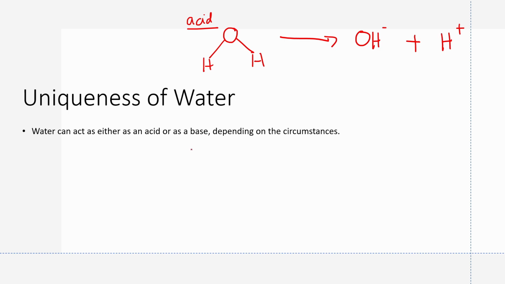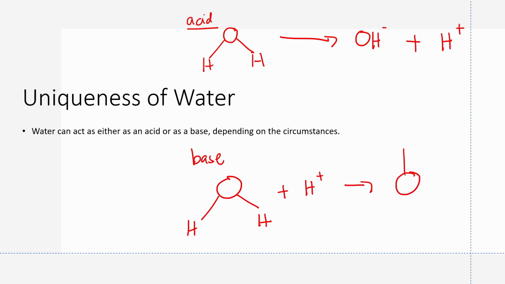If water acts as a base, it will receive a hydrogen ion. What will happen is you will form our hydronium ion.